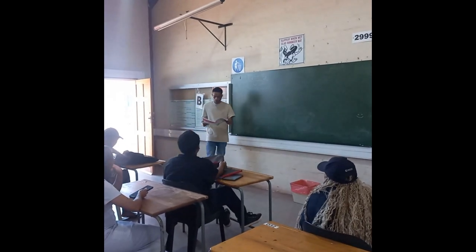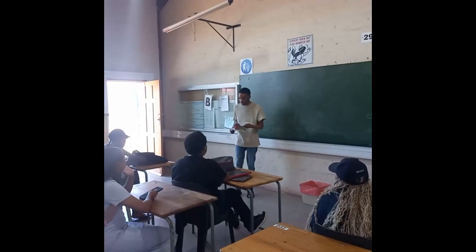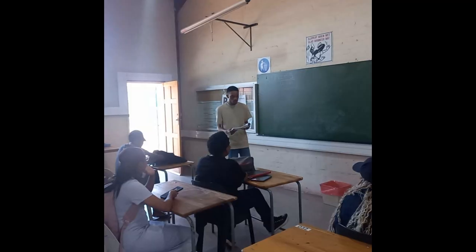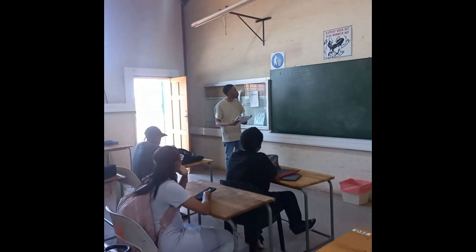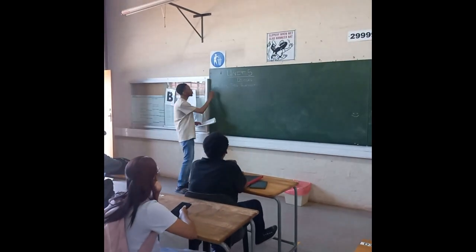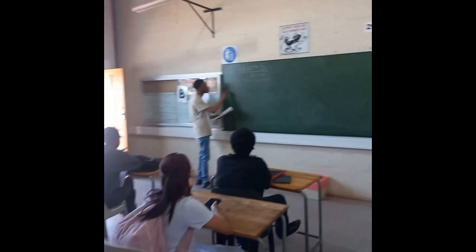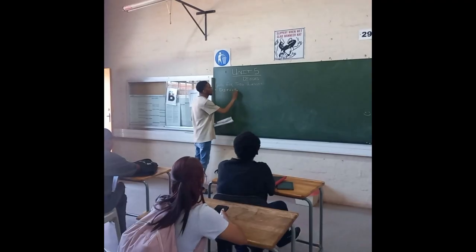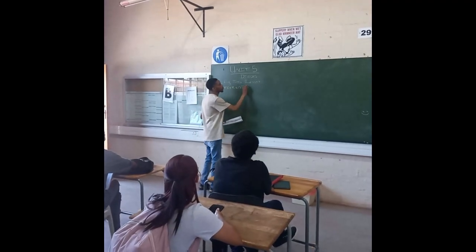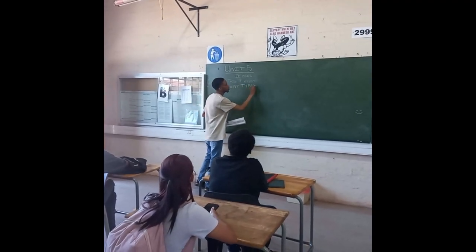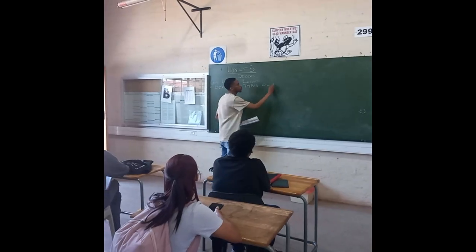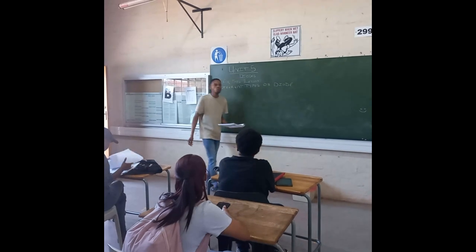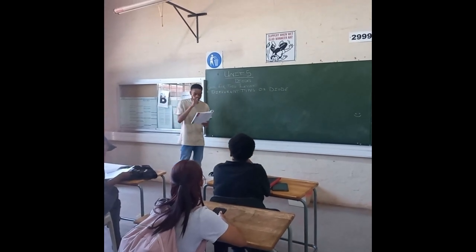Today I'm going to be looking at Unit 5, which is diodes. The goals for this unit: I want to look at different types of diodes. Remember, in the previous lessons we looked at the theoretical aspect of diodes.